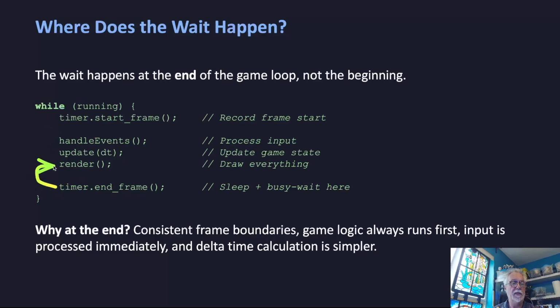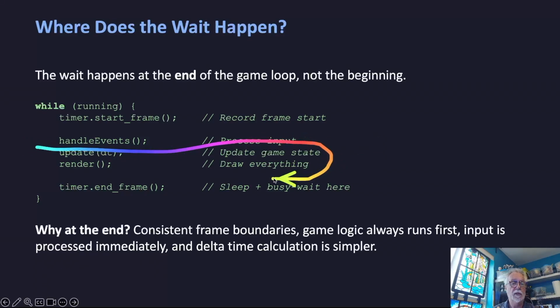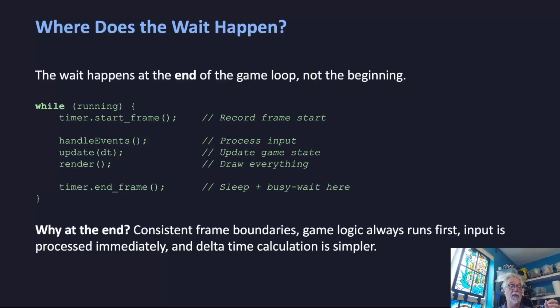The reason that we do it here is that these two systems here, in general, are not guaranteed to run at exactly the same time. You could have a lot of characters on screen that are colliding with each other, so that's going to take longer depending on how many characters you have. The more characters you have on your screen, the longer it takes to render them.